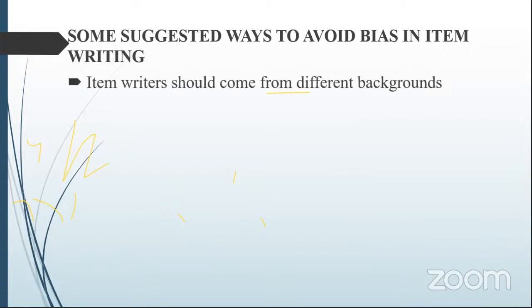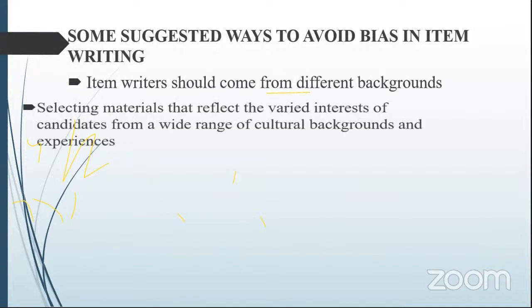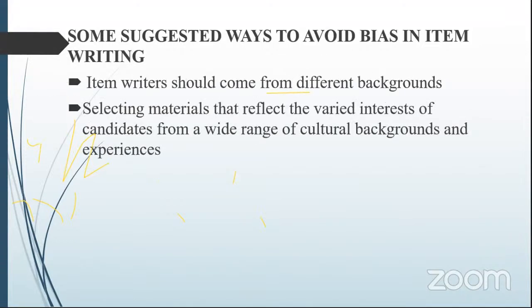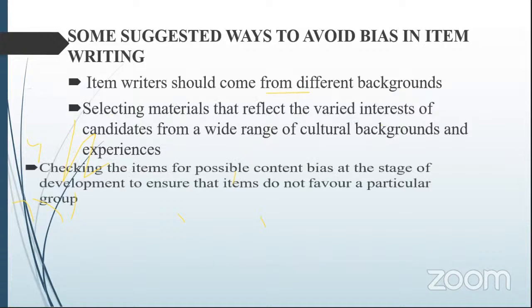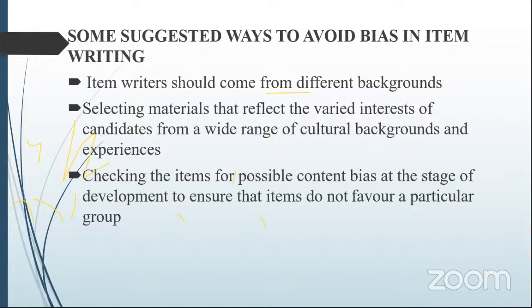However, there are also some suggested ways to avoid bias in item writing. So we are saying these item writers should come from different backgrounds. The next thing is selecting materials that reflect the varied interests of candidates from a wide range of cultural backgrounds and experiences so that they all move at the same page.